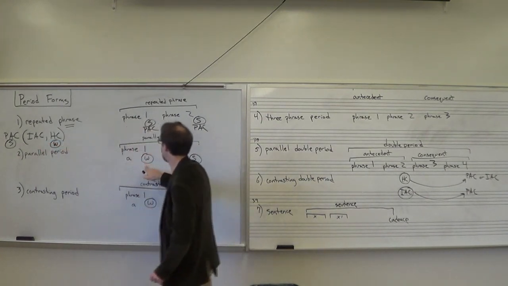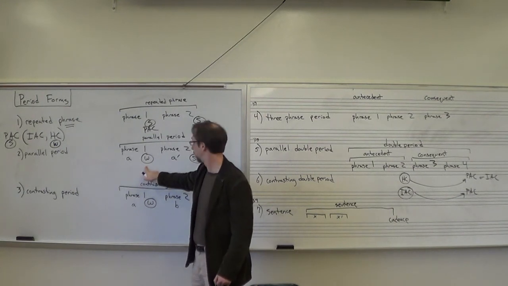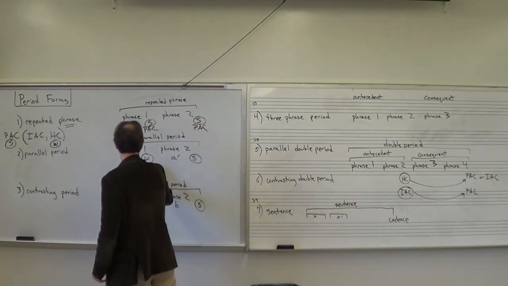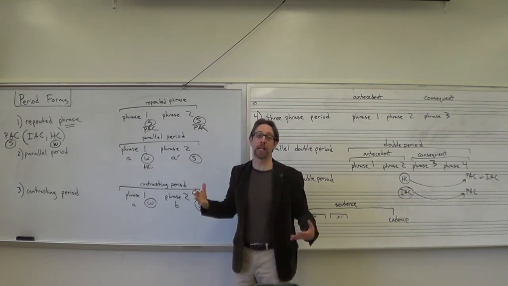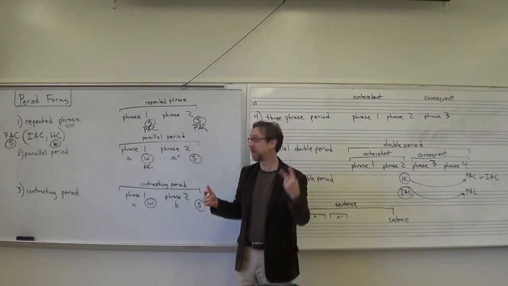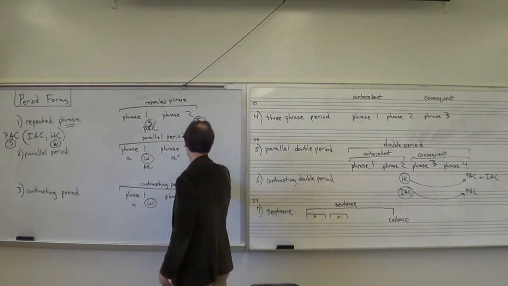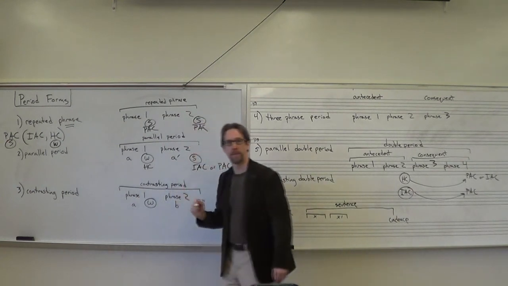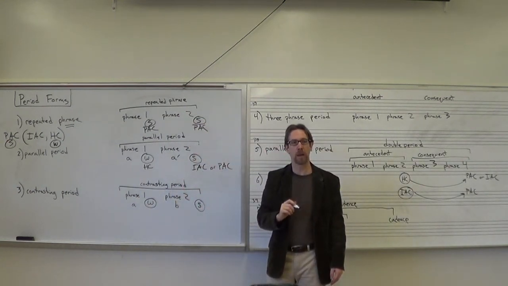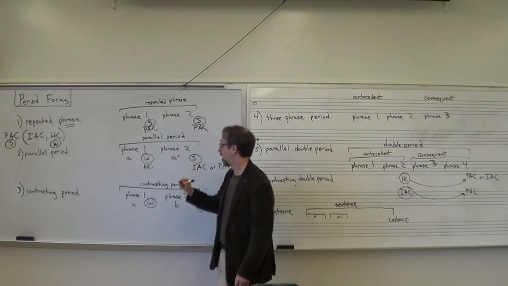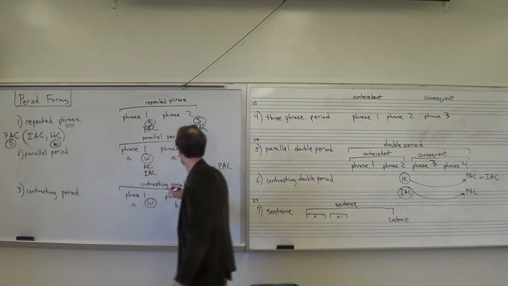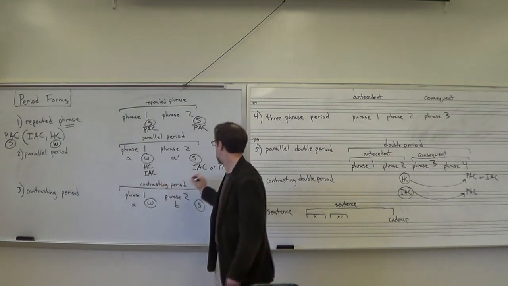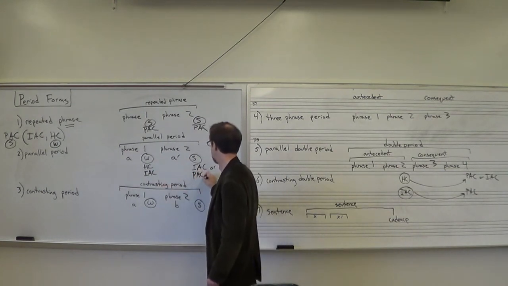If my first phrase ends with a half cadence, let's say, then phrase 2 has to end in a stronger cadence. You actually have 2 options. It could be an imperfect authentic cadence or a perfect authentic cadence. You have an option. If the first phrase ends in an imperfect authentic cadence, that's weaker than a perfect authentic cadence.